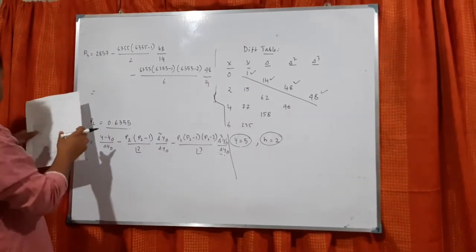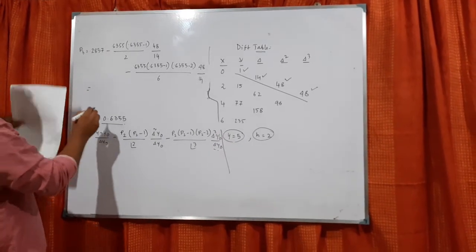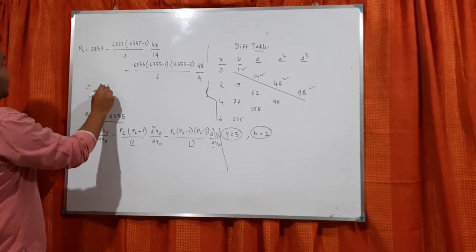If you simplify, you get P3 equals 0.5021.